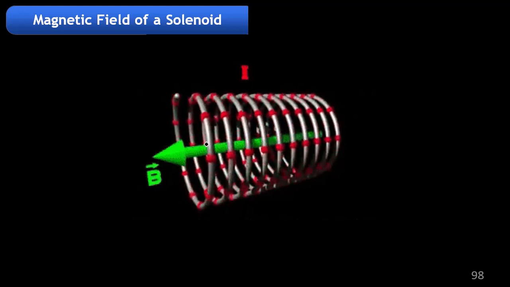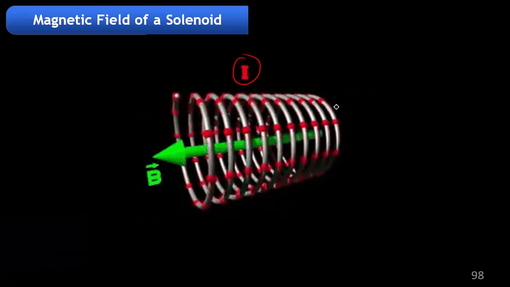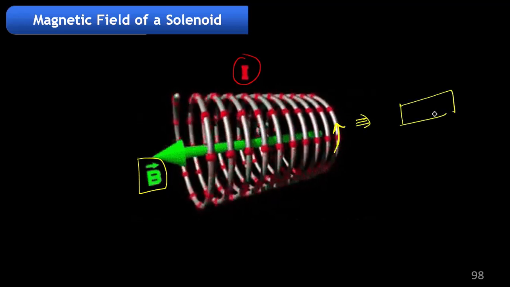Again, first of all, I have to understand the direction of the magnetic field. To calculate the direction of the magnetic field for the solenoid geometry, you curl your fingers along the direction of the current. Let us say the current is flowing in this direction. If I fold my fingers along that direction, then B will point like this. Once I get the direction of B, I can replace this solenoid by a bar magnet, saying this end behaves as a north pole and this end as a south pole.